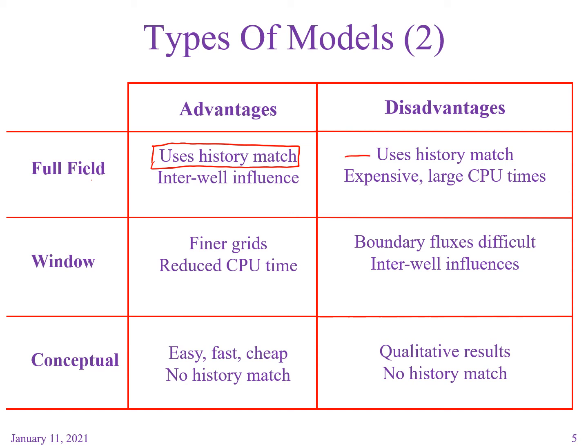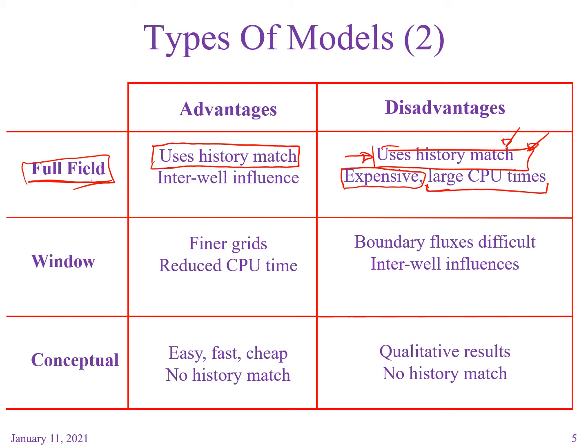And that is also a disadvantage in the sense that it takes a lot of work to be able to match all of the observed data for the entire field. It's also computationally expensive. The simulation runs forever. You have several reservoir sands within the field, and it takes a while to simulate all of that.